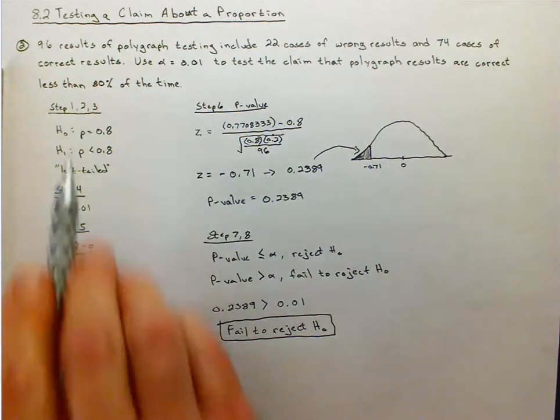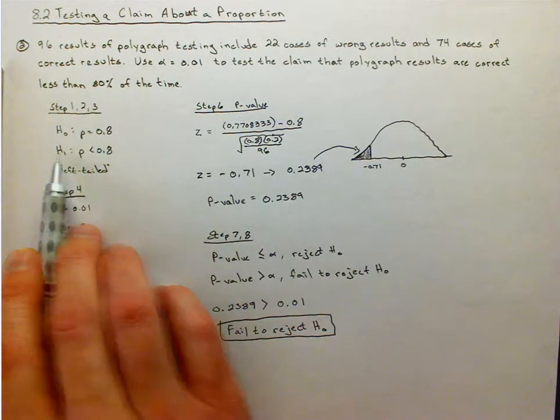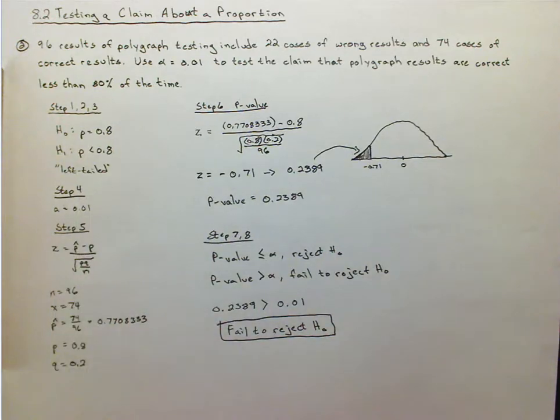So I'm not saying that it is equal to 0.8. I'm not saying that. I just say that I fail to reject it. My data says I can't discount that. That doesn't mean that the alternate is not true. I'm just saying that I fail to reject that.